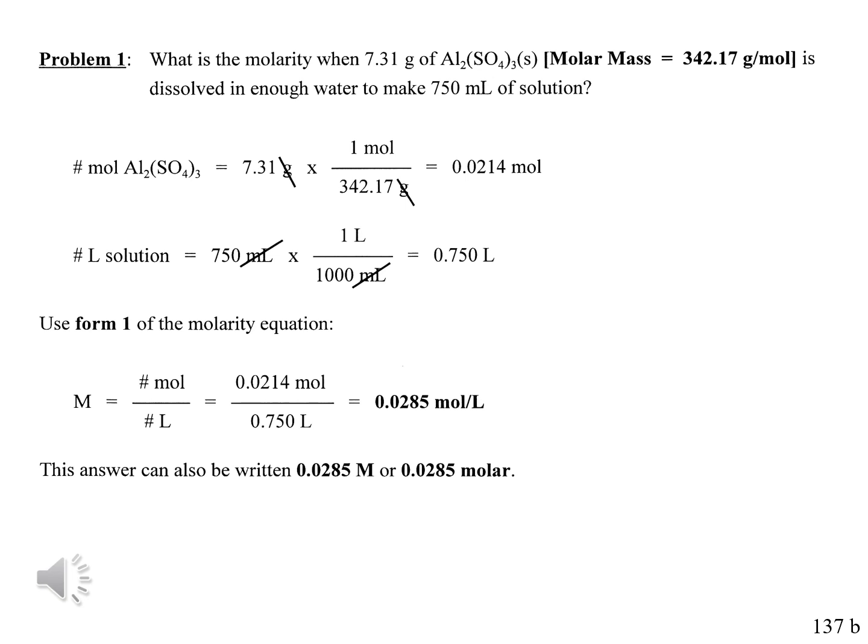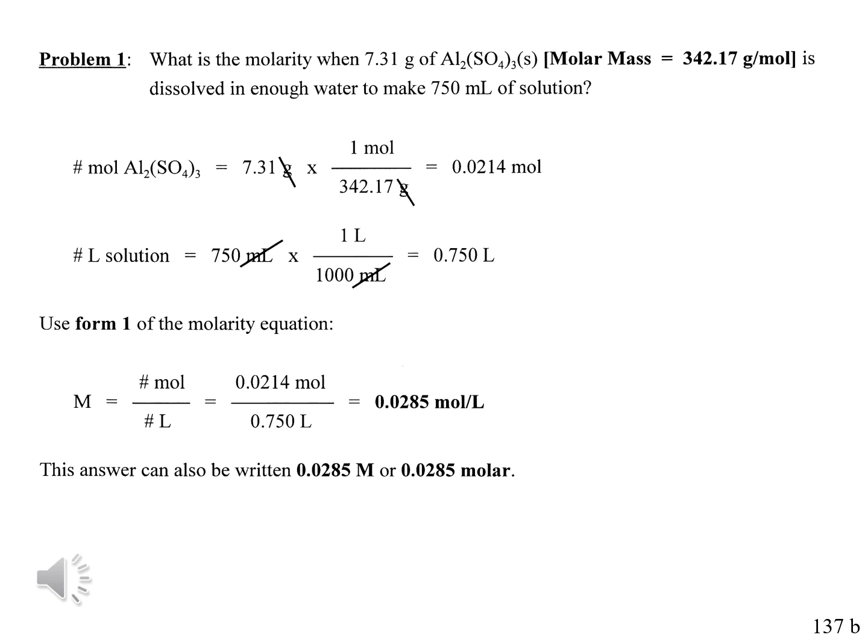There's 2 aluminum, and please notice that there are 3 sulfur because there's a 3 outside the parenthesis. And oxygen, there are 12 oxygens because it's multiplied 3 times 4. If you add all of those weights, you get the molar mass listed there.